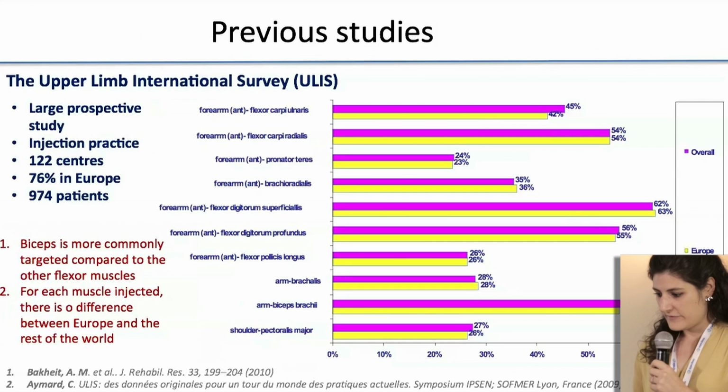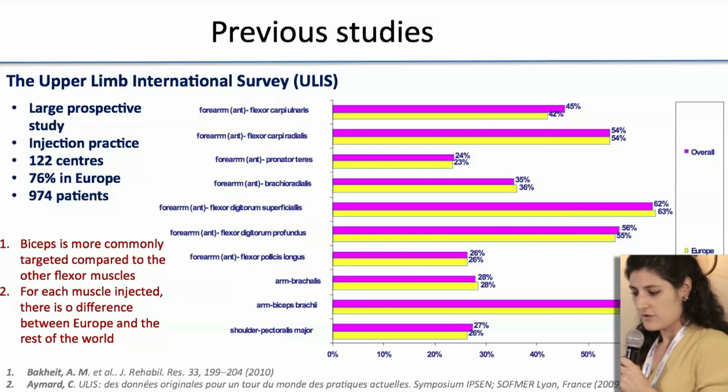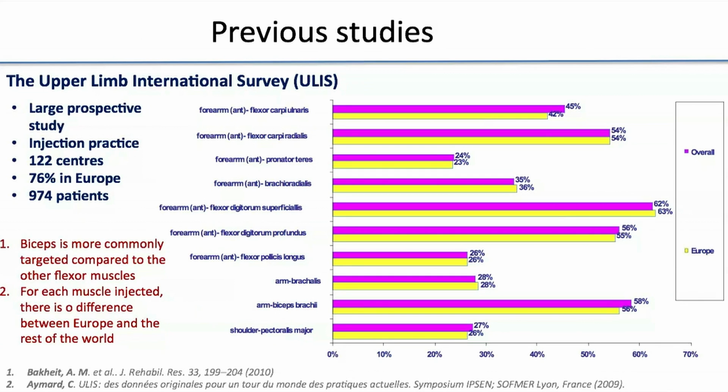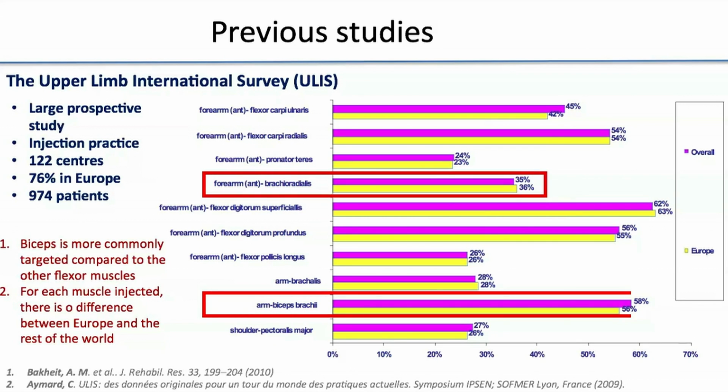Among previous studies, there is a very interesting one, a large prospective study investigating injection practice in 122 centers all around the world. You can see on the slide that the biceps is the most commonly targeted compared to the other flexor muscles.